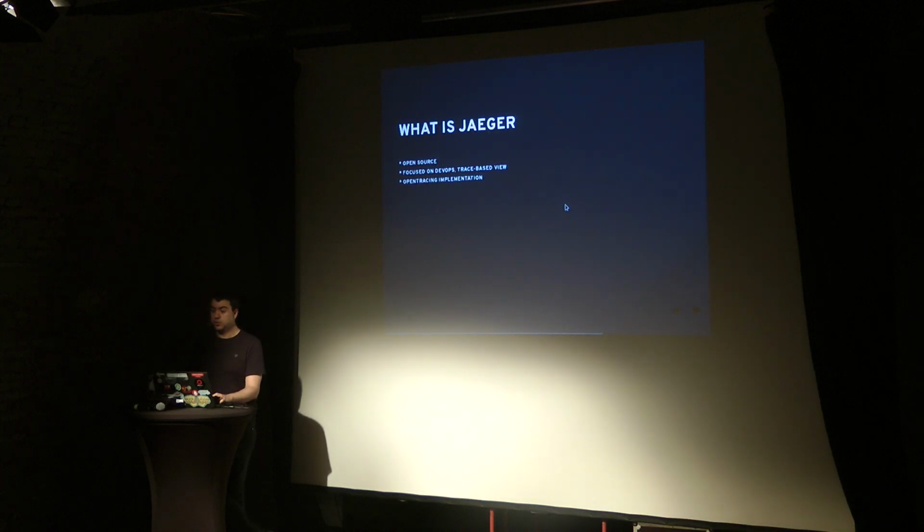Jaeger is an open source project as well. It was open sourced a few weeks or months ago, not even a couple of months. It's used by Uber internally, and they have thousands of microservices which are being traced by Jaeger.